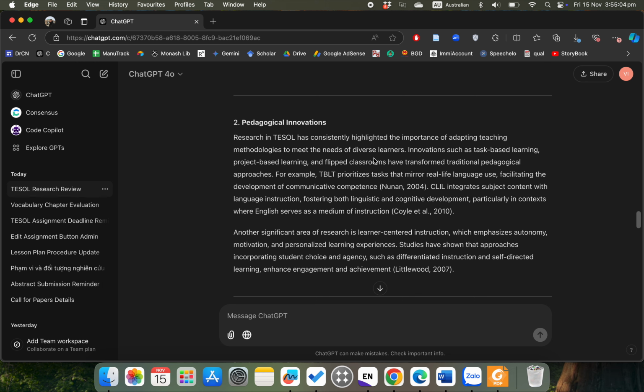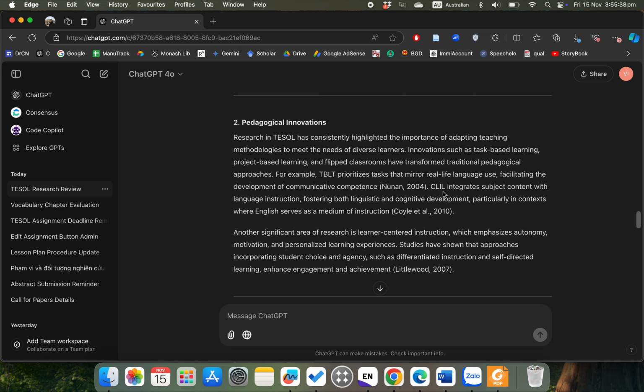Now let's have a closer look at what is written in a specific section. In pedagogical innovation, it talks about task-based learning, project-based learning, flipped classroom, and then it will talk about what task-based is, and then it will talk about content language integrated learning, which is another one.